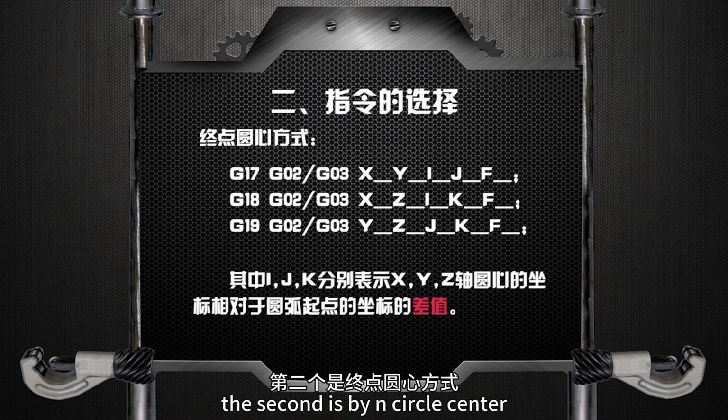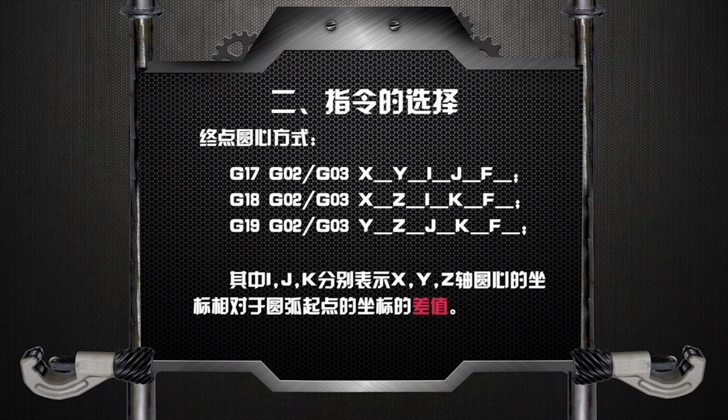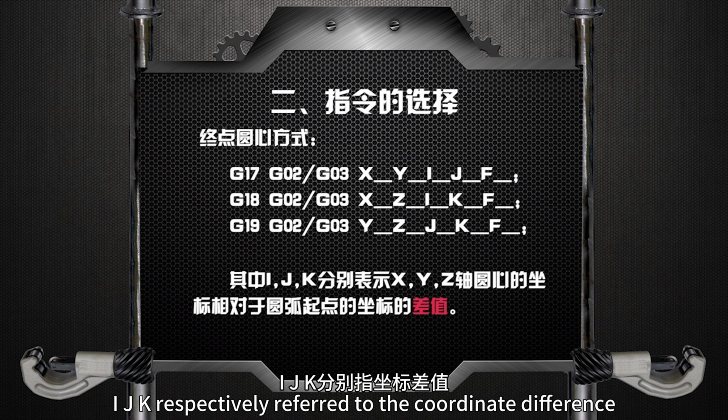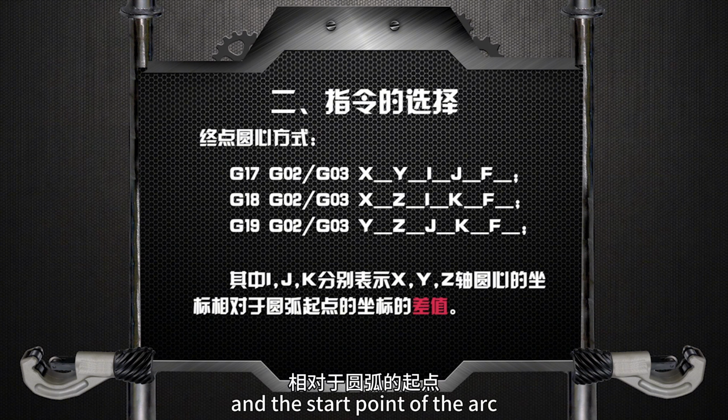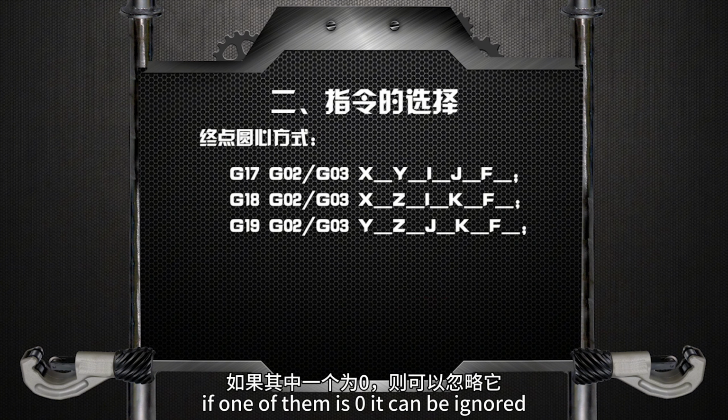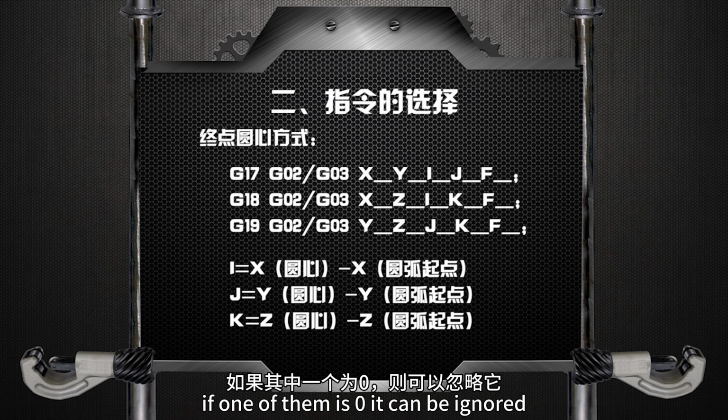The second is by end circle center. I, J, K, respectively refer to the coordinate difference between the circle center on axis of X, Y, and Z, and the start point of the arc. If one of them is 0, it can be ignored.